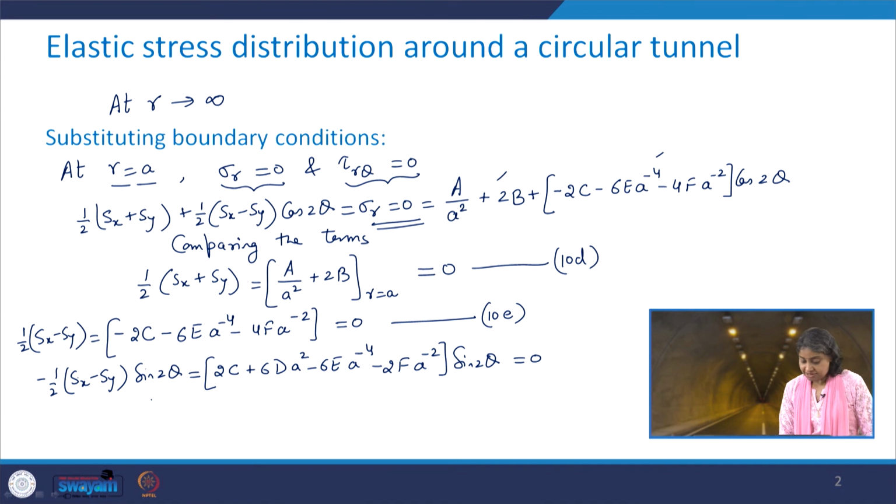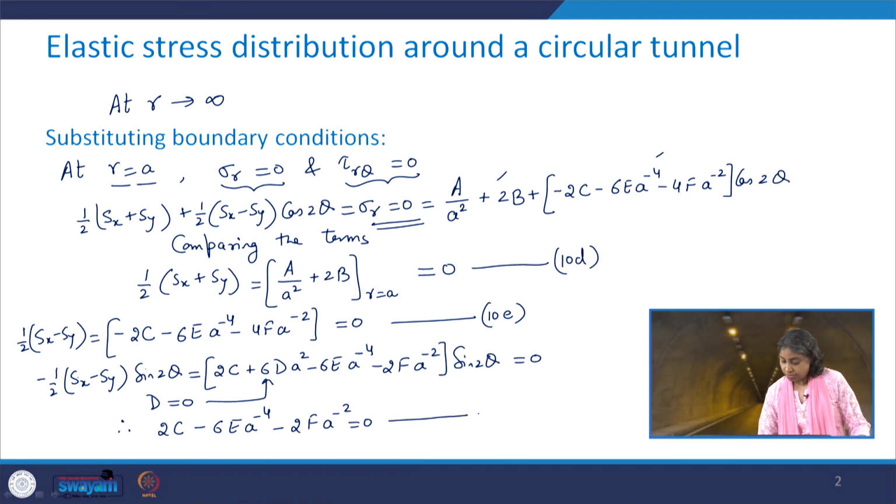Now we have already seen that D is equal to 0 in the previous class. So if we substitute it here, we get 2C minus 6E a to the power minus 4 minus 2F a to the power minus 2. This will be equal to 0, and I mark this equation as 10f. So here we have got the equations from 10a to 10f.